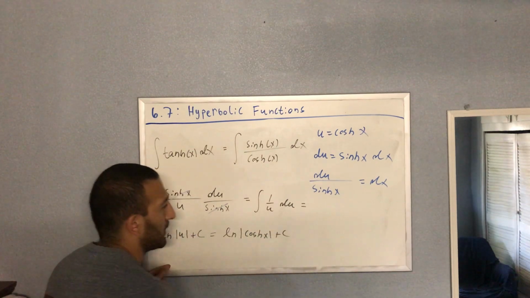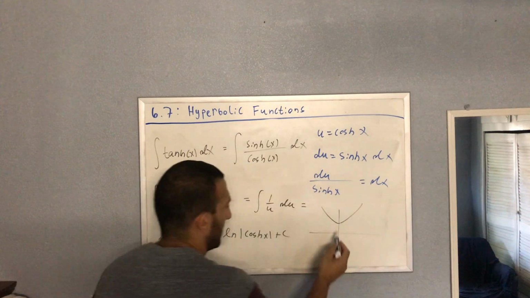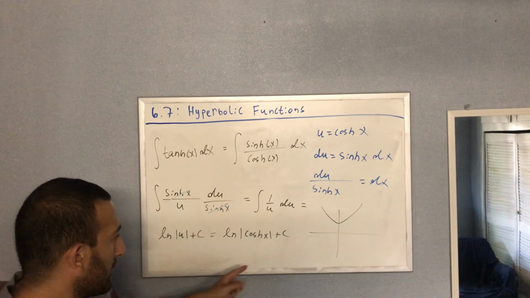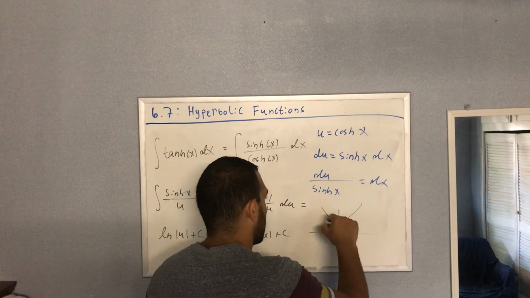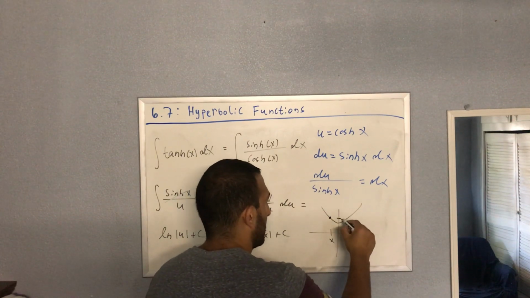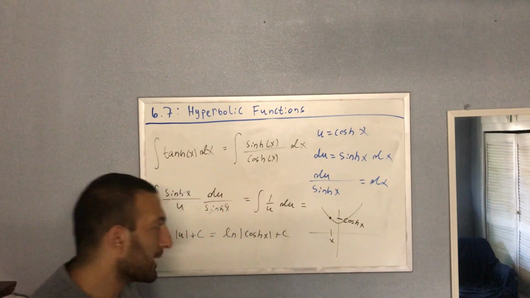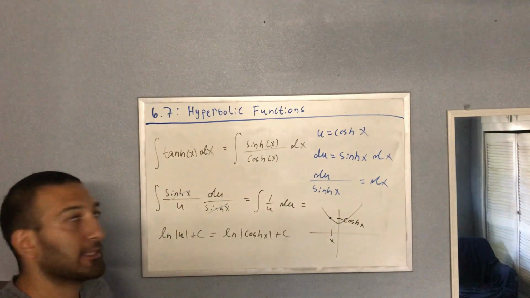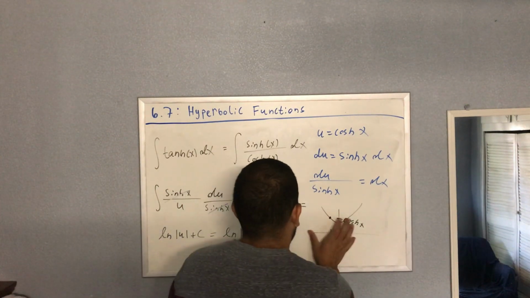But if you remember what the graph of cosh looked like, this had never a negative value. So no matter what x I stick in here, and I calculate the output, which is this number here, it tells you how high to go. This is cosh x, that height. That height, for that choice of x, is never negative. Meaning you could just drop the absolute value symbol.